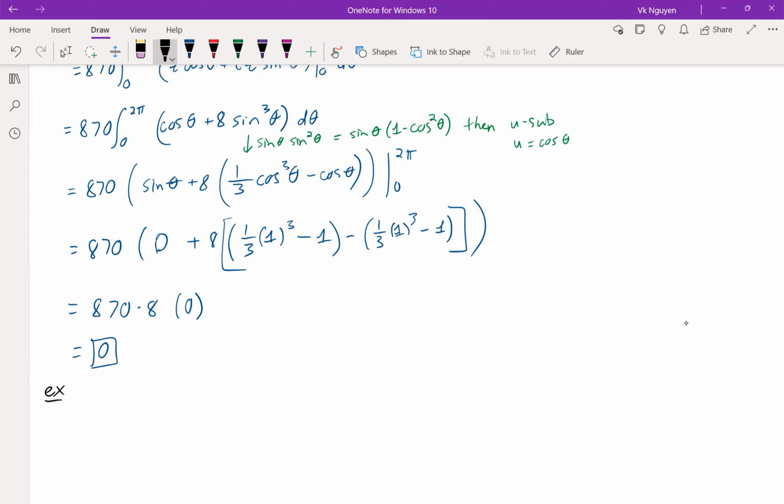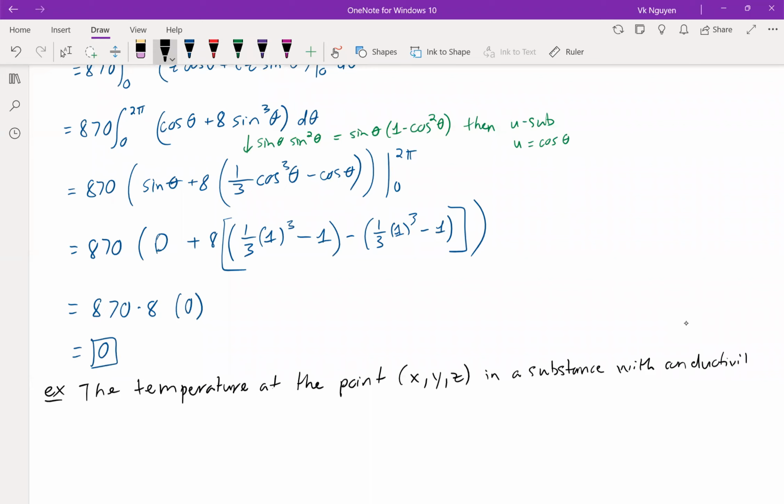The temperature at the point x, y, z in a substance with conductivity K equals 0.5 is f of x, y, z to be 2y square plus 2z square.